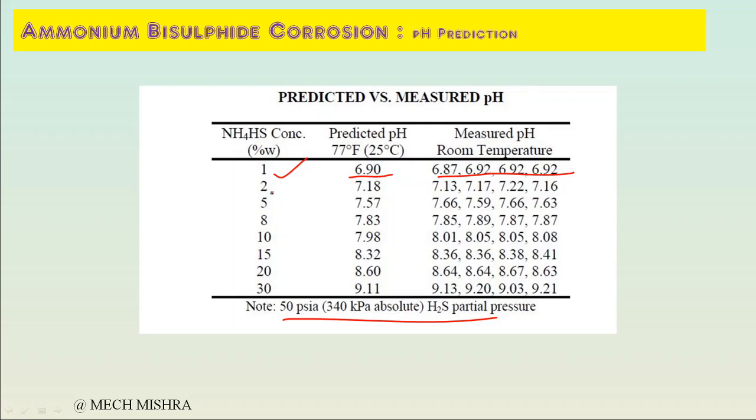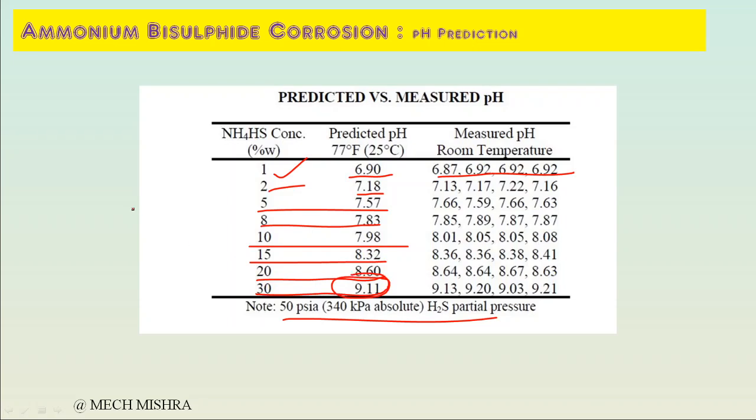At 2% the pH will be 7.8, 5% 7.5, 8% and 10% 7.9, 15% 8.35, 20% 8.6, and 30% NH4HS will have a predicted pH of 9.11.